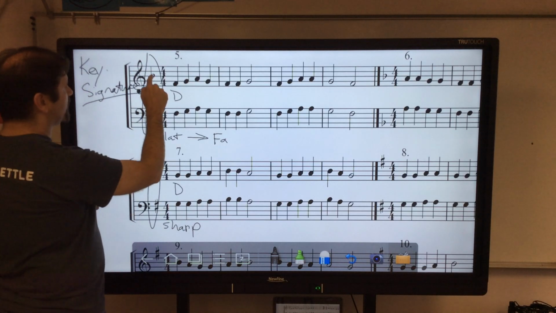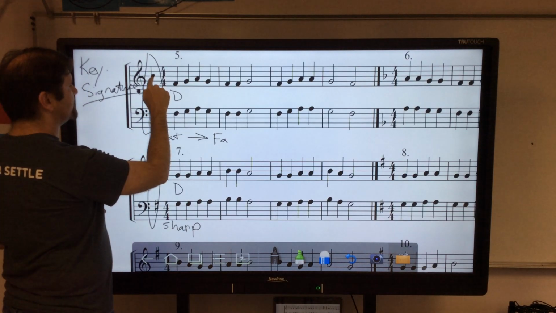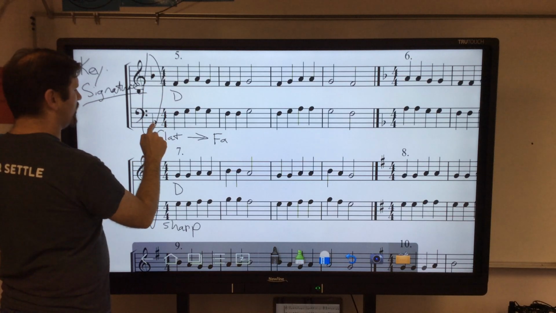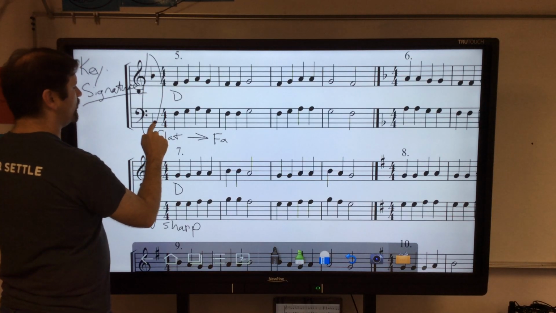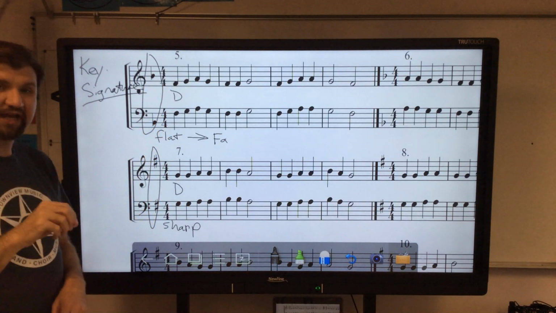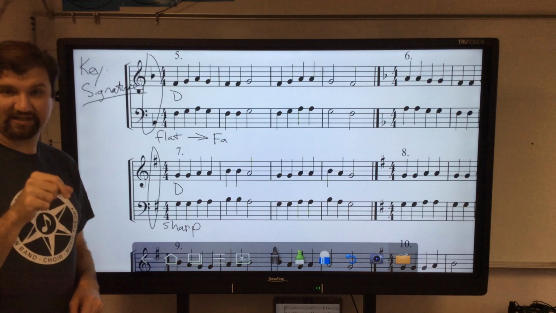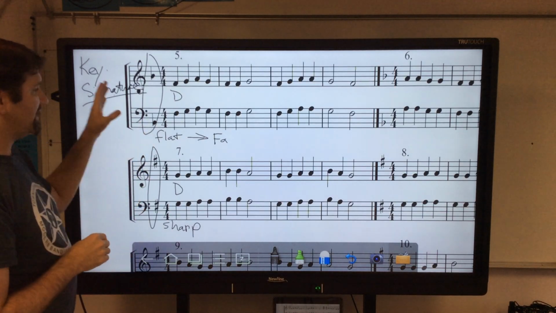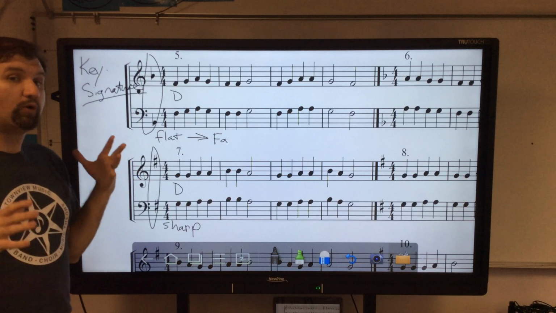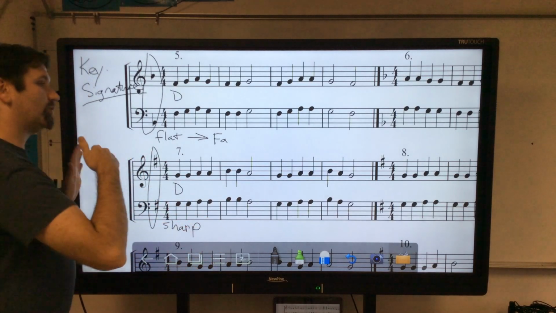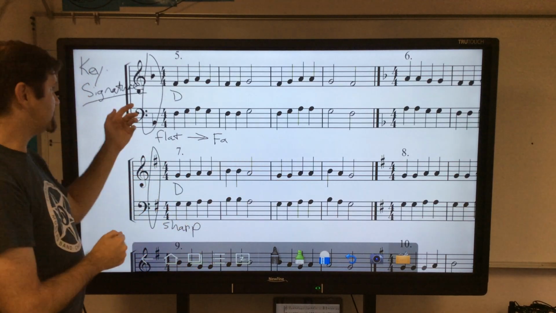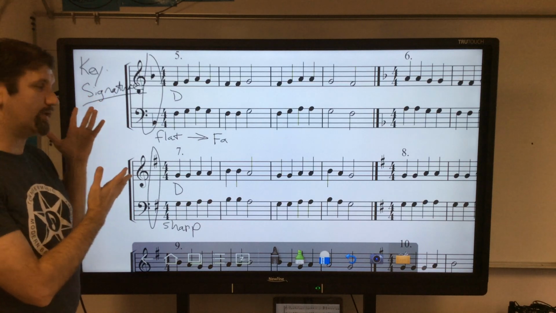And I'm looking for this hollow spot in the middle of the flat, this little opening in the middle of the flat. Whatever line or space that is on, that note is fa. If there's more than one flat, it's just whichever one is all the way to the right. In this case, we only have one, so it's that one.